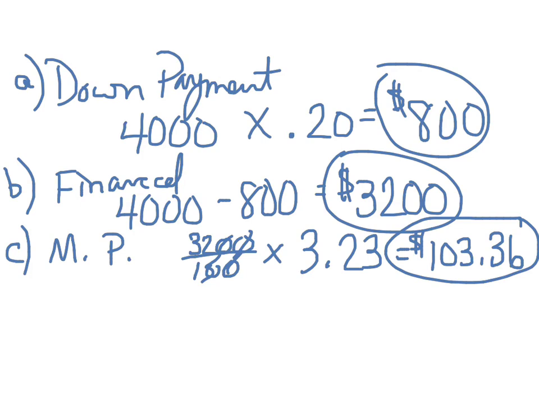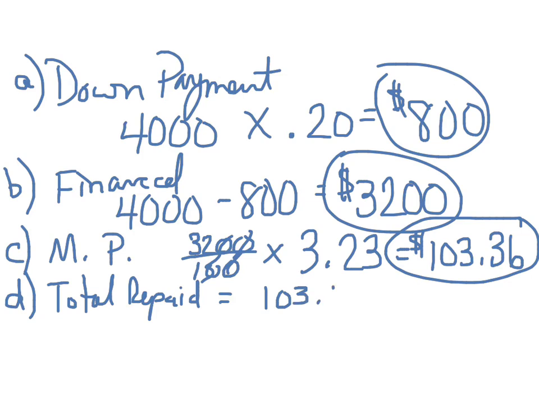Then it goes on to say part D, it wants you to figure out the total repaid. In order to figure out the total repaid, you take the number that Brian just told us, 103.36, and multiply it by how many months you plan on paying, which Ingrid's paying over 36 months, which is 3 years.